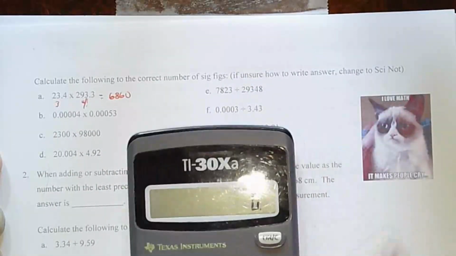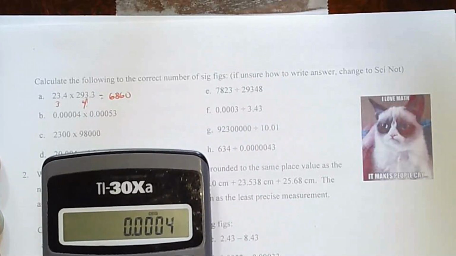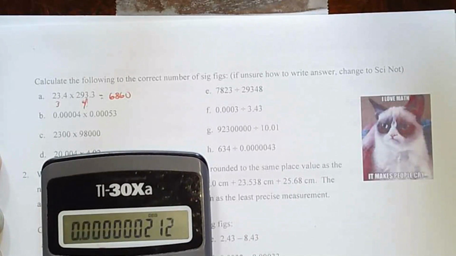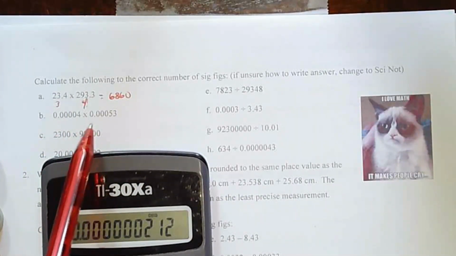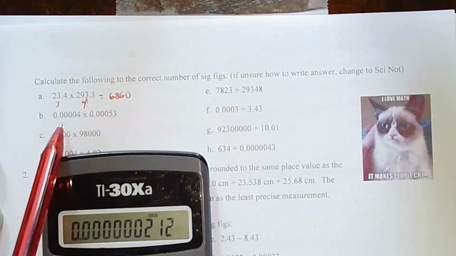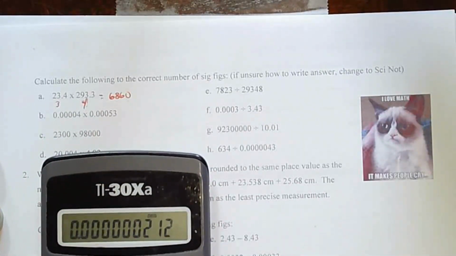Go on to the next one, 0.0004 times 0.00053. The calculator gives you this. Now we need to figure out how many significant figures are in each of these. Hopefully, all these zeros in the front are placeholders.